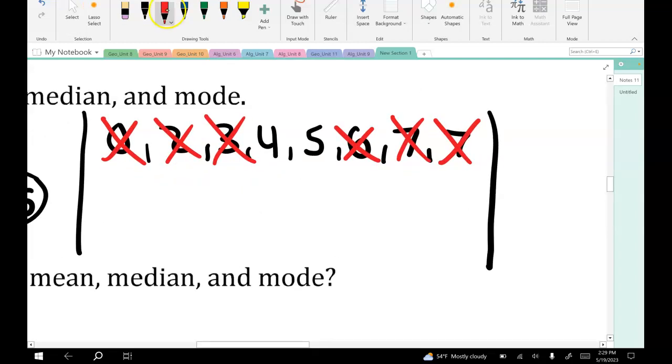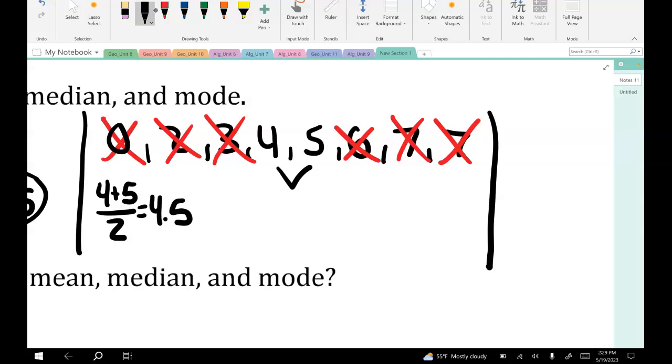So really the true middle is in between 4 and 5. That's where the median is going to be. Whenever you have an even number of data points, you always have to find the mean of your 2 middle values. So that's adding the 2 together and dividing by 2. 4 plus 5 divided by 2 is equal to 4.5.